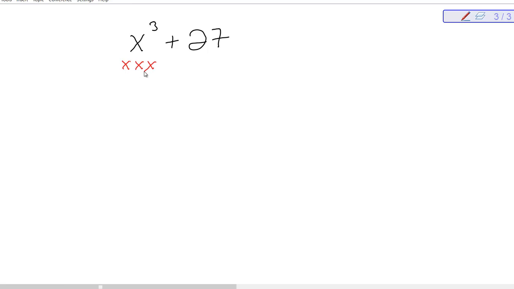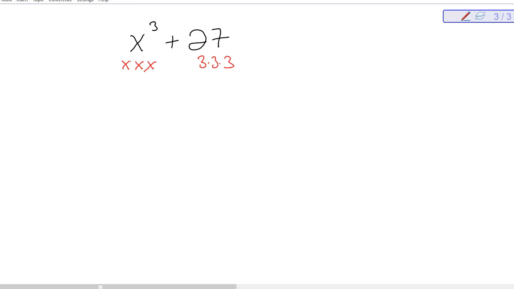That's 3 x's. Now then 27, think about how I can break that up into the same number. Well, 27 is 9 times 3, and 9 is 3 times 3. So 27 is 3 times 3 times 3. So I have a cube plus a cube.